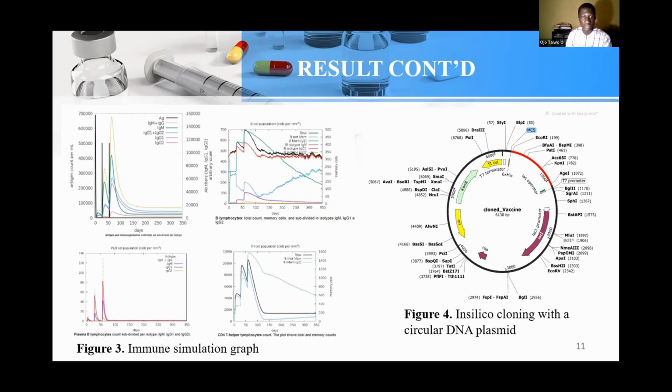The second graph shows the B lymphocyte total count, the third shows the plasma B lymphocyte count, and the last one shows the CD4 T-helper lymphocyte count. All of these results show that the body will be able to respond to the viral antigen, which is the vaccine, when introduced to a host.